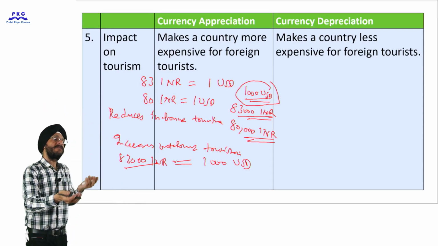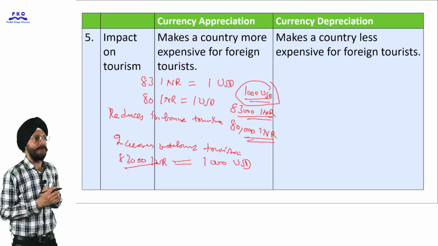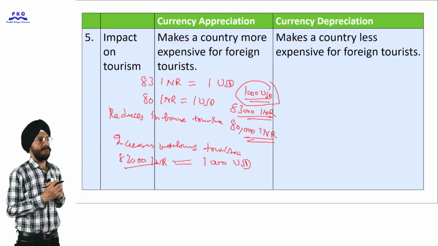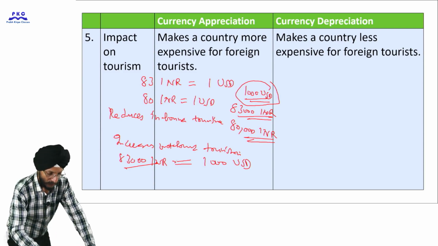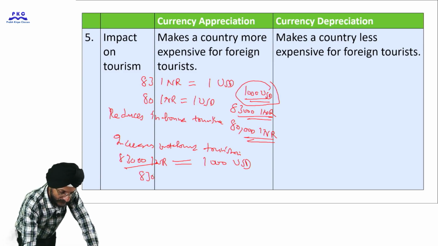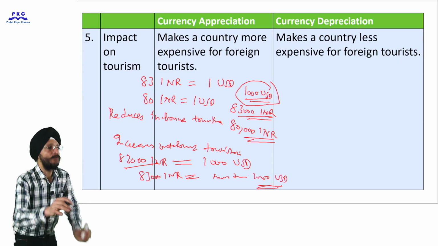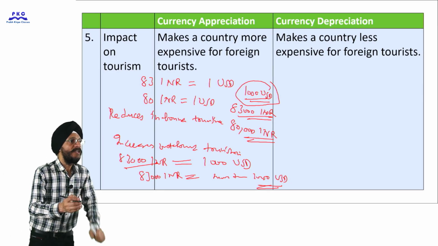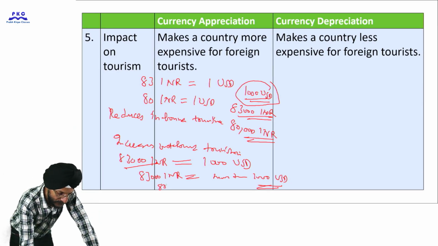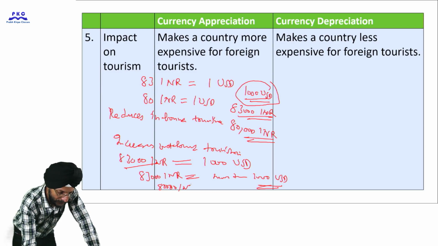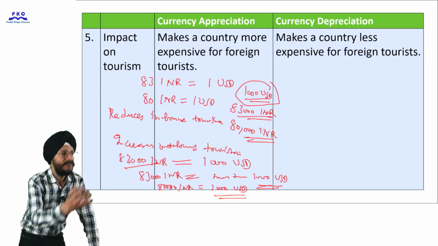Now the value of Indian currency has appreciated. What happens? With the same budget of 83,000 Indian rupees, he will get more than 1000 US dollars. Or he will have to pay only 80,000 Indian rupees to get 1000 US dollars after the appreciation.